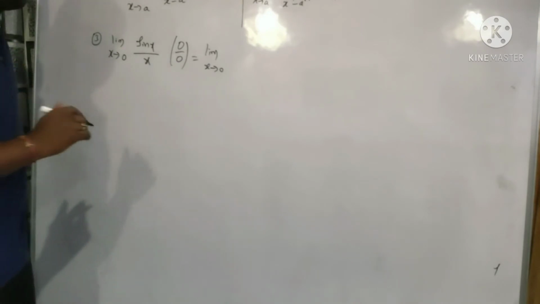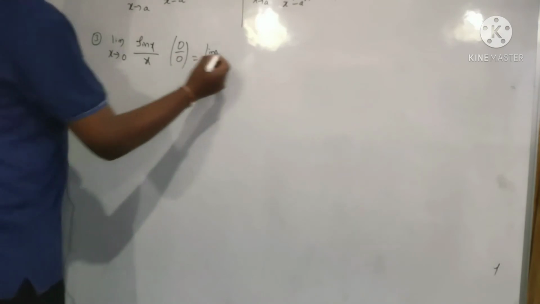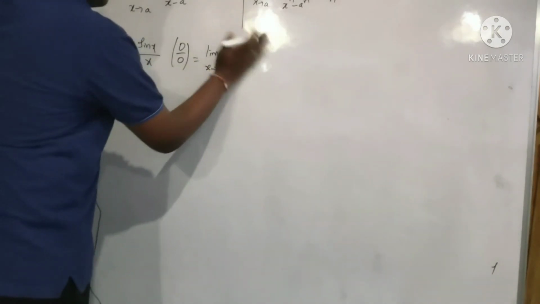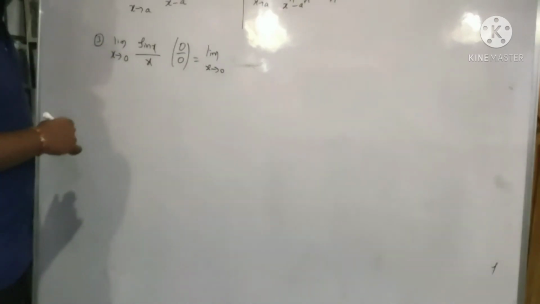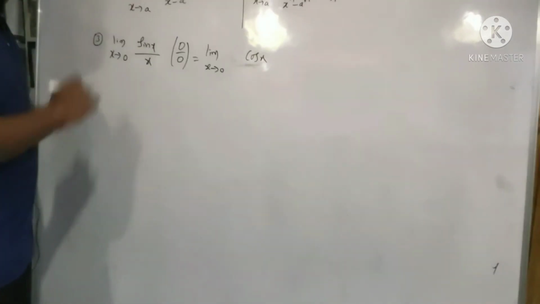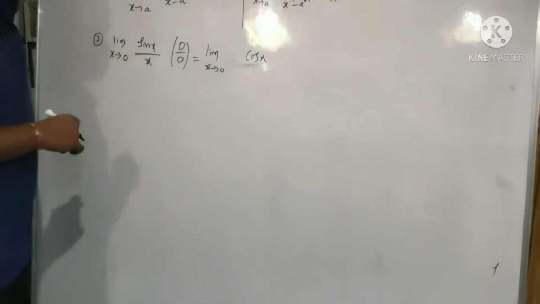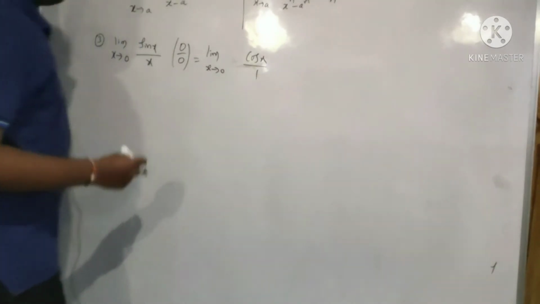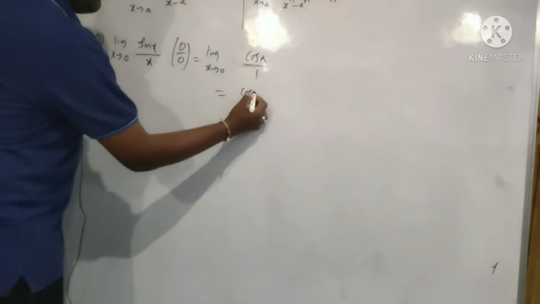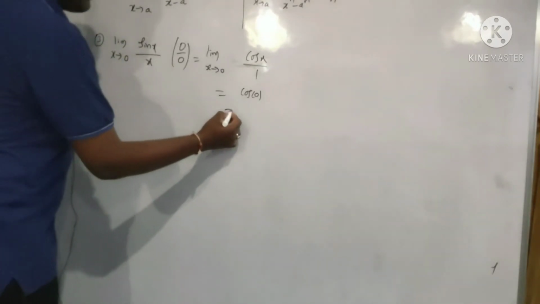So here I get limit x tending to 0 of sin x by x. I differentiate sin x. What is the differentiation of sin x? Cos x. What is the differentiation of x? That is 1. Now I substitute in this: cos 0 by 1, how much do I get? 1.